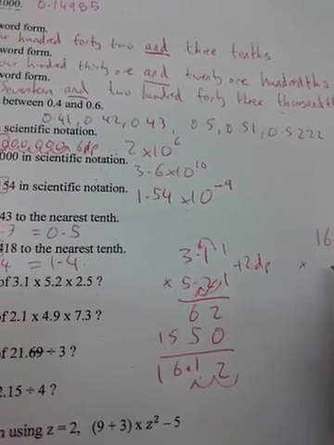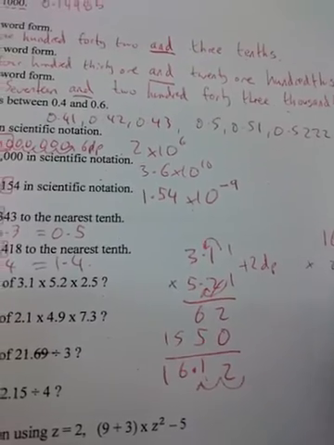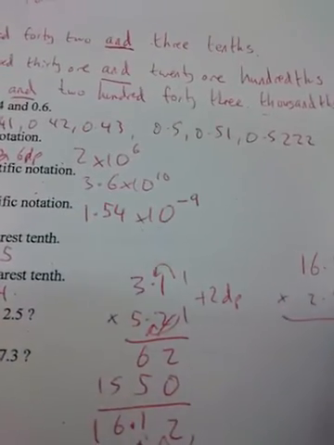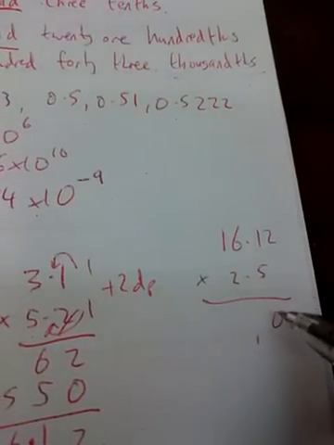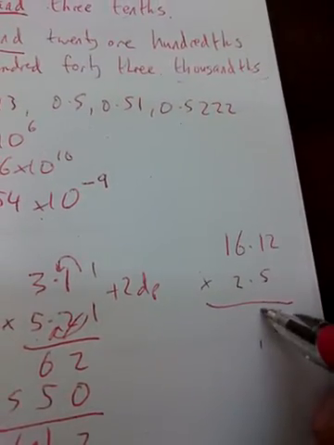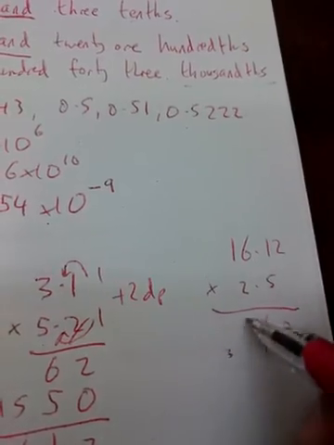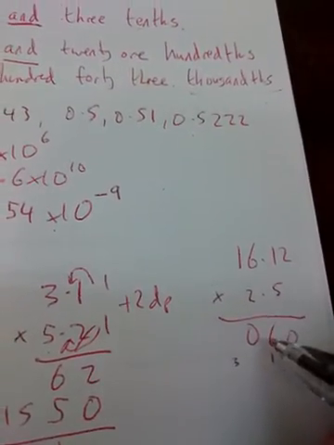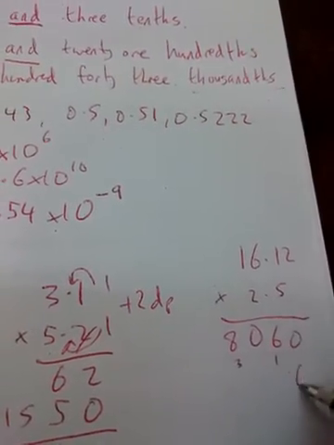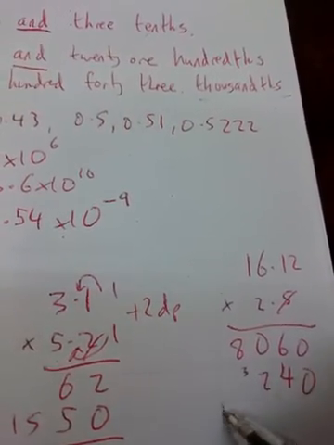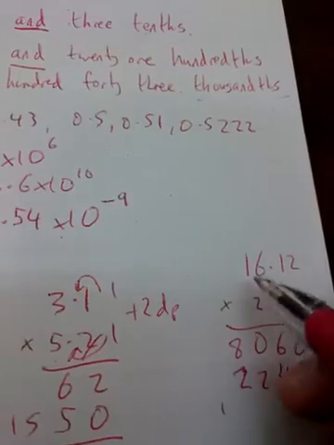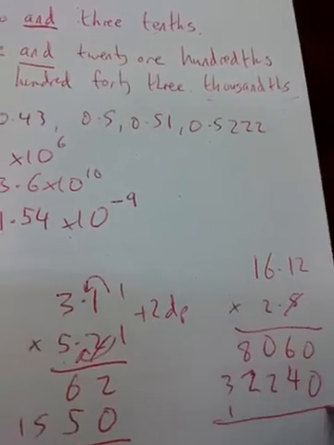Now we can do 16.12 times 2.5. So 5 times 2 is 10. 1 is 5 plus 1, 6, 30, 5 plus 3, 8. 6 times 2 is 4, 2, 12, 2 times 1 plus 1, 3.